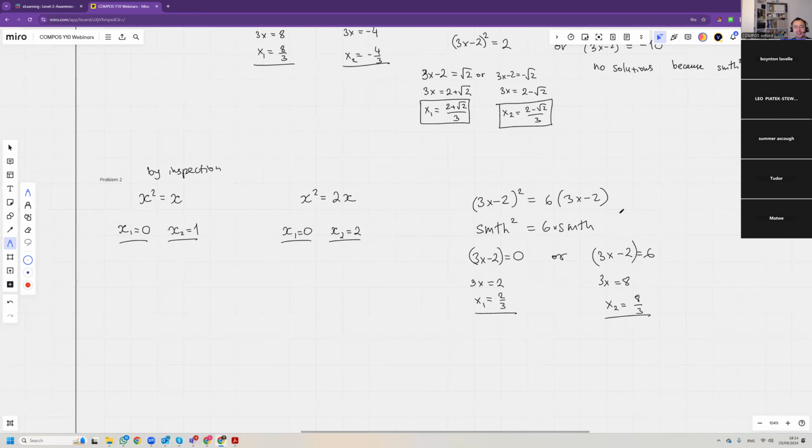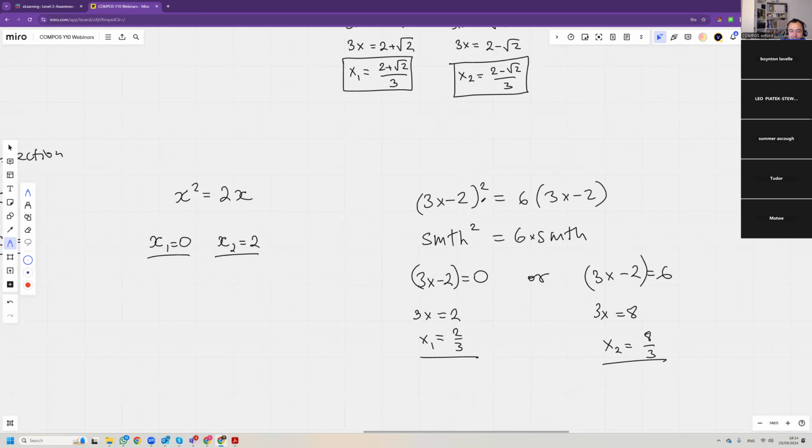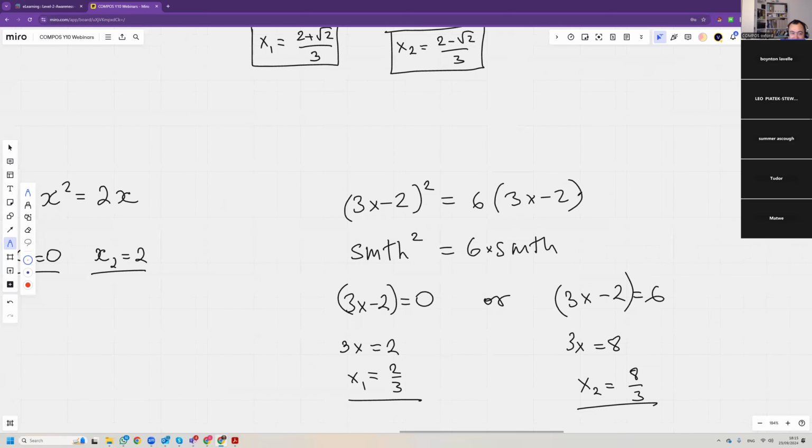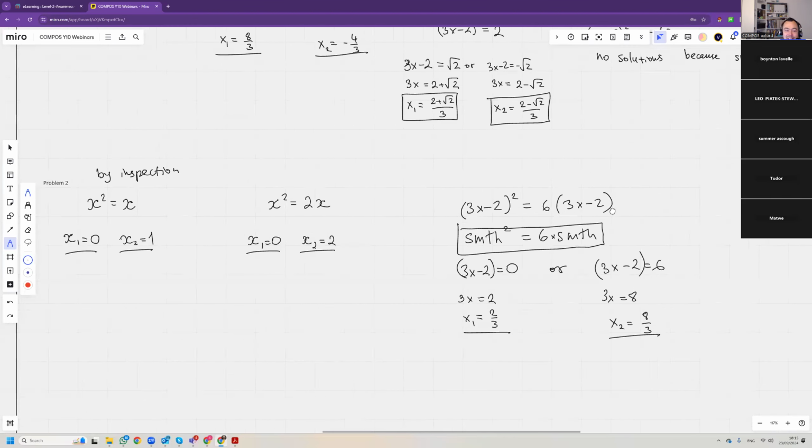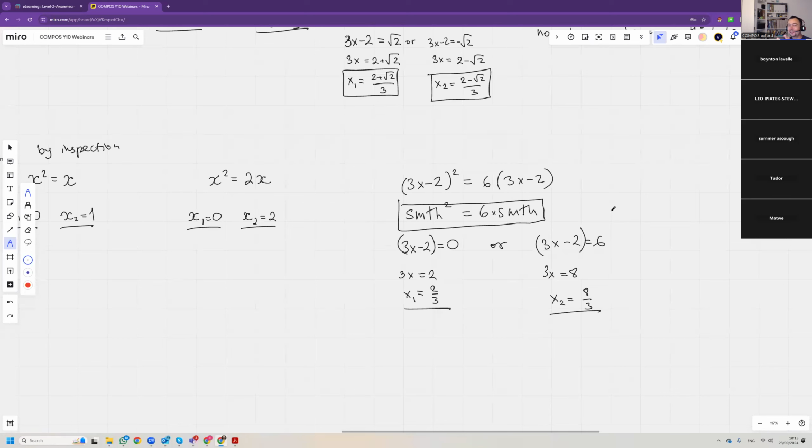So you literally see this and you realize that this is that, which is equivalent to just saying x squared equals 6x. So very similar to that. And then you can work out the answers. So a lot of imagination, a lot of recognition.